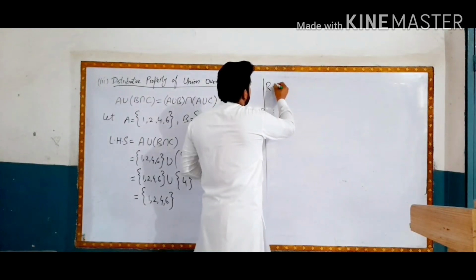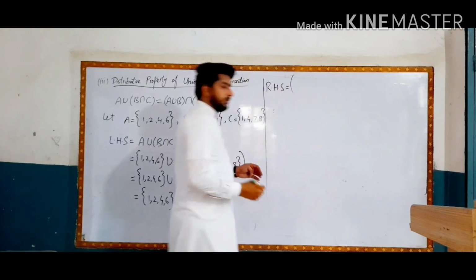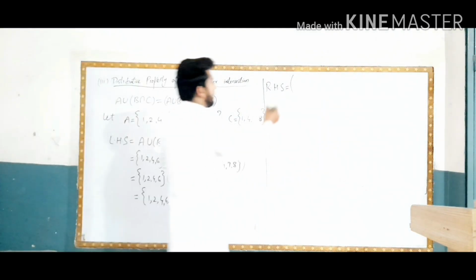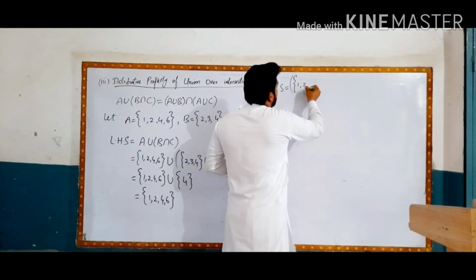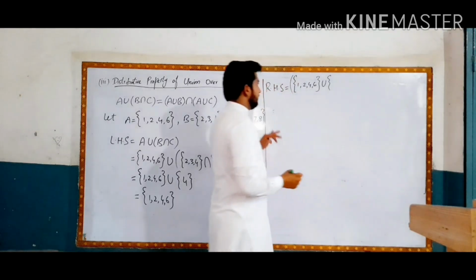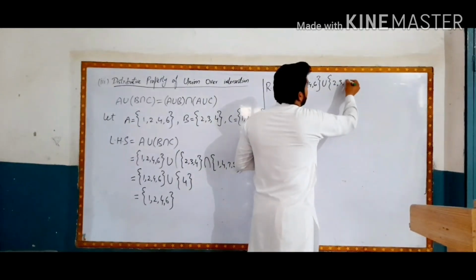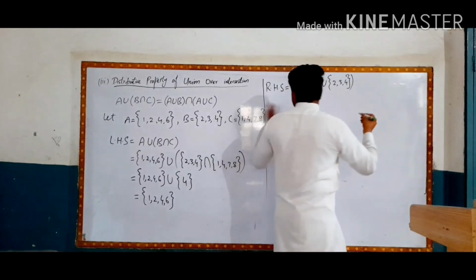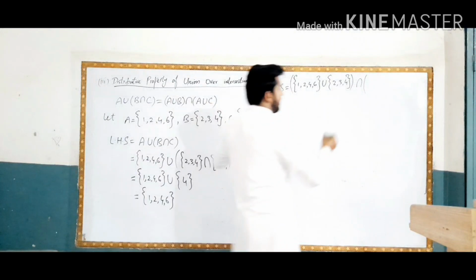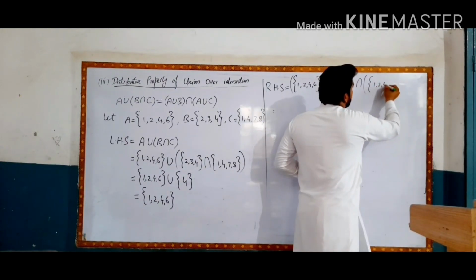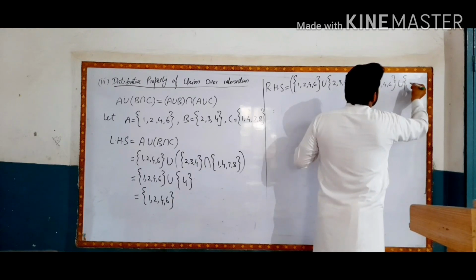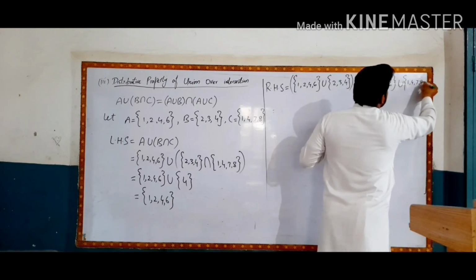So the right side is equal to, open the bracket, write set A then union set B. Set A is {1, 2, 4, 6} union set B. Then another bracket has set A, which is {1, 2, 4, 6}, and we take the union with set C. C is {1, 4, 7, 8}.